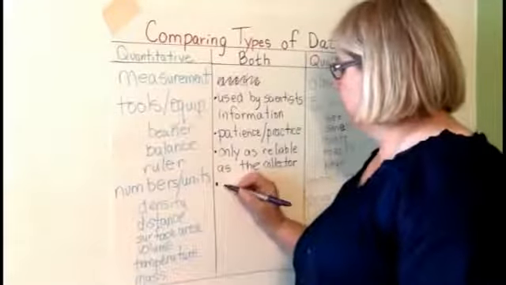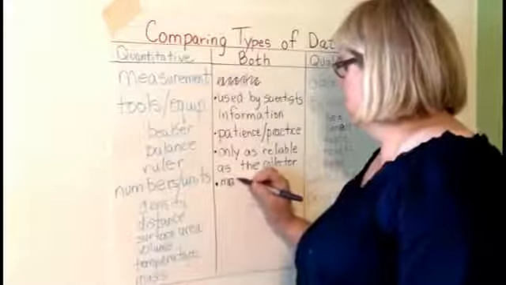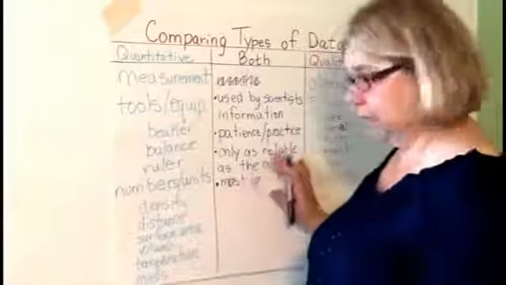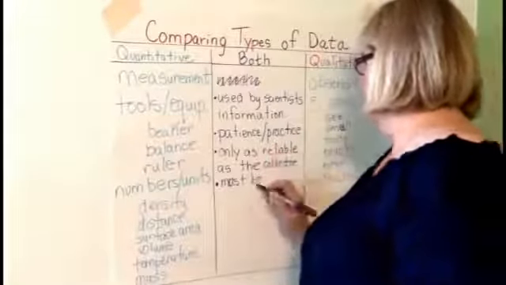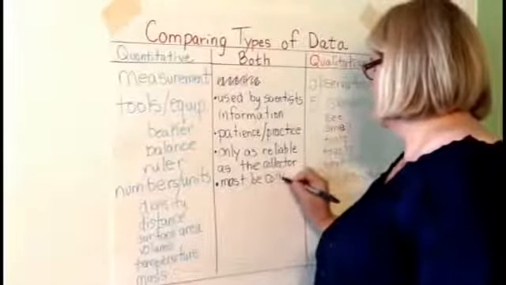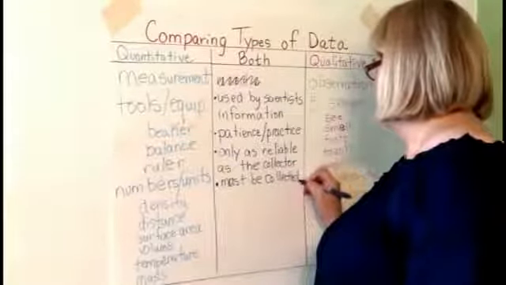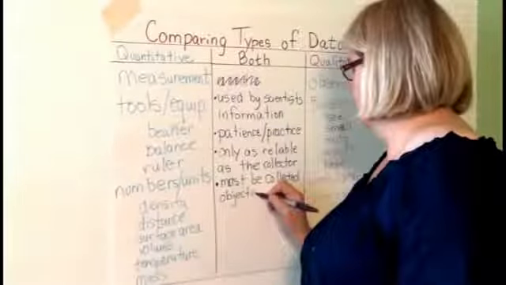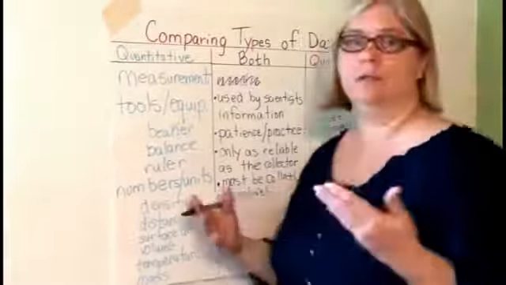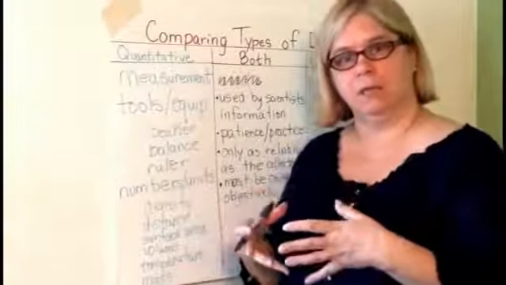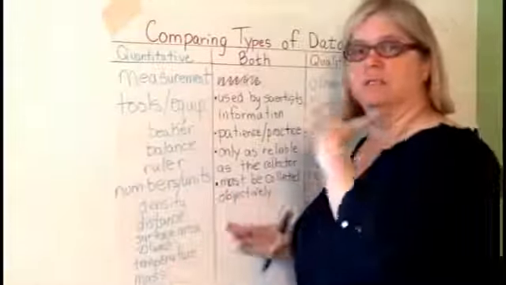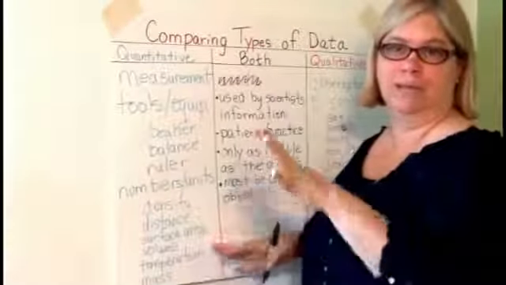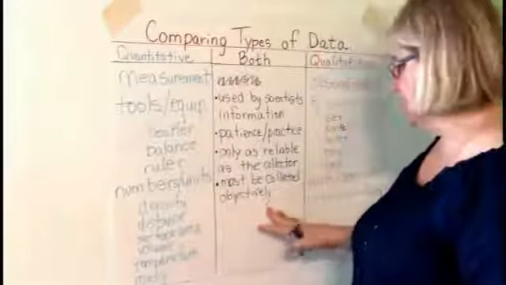This data must be collected with accuracy, okay? And then that goes back to the reliability. So it must be collected accurately and objectively. So that means that the bias of the scientist can't come in. It has to be objective. The scientist has to stay removed from the thing or the object or the animal or the organism or the planet that he or she is observing.